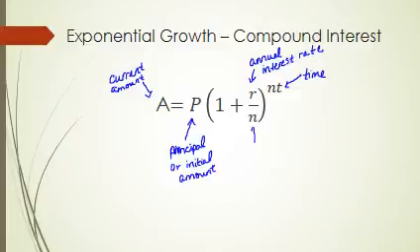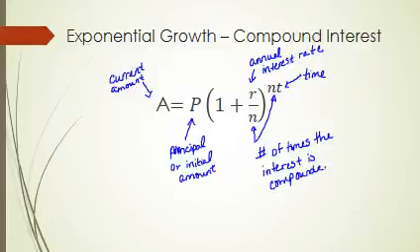And then the N's, and it would be the same for both of these, is the number of times the interest is compounded each year. So let's go ahead and look at an example of this so that we see how we can use this formula here.